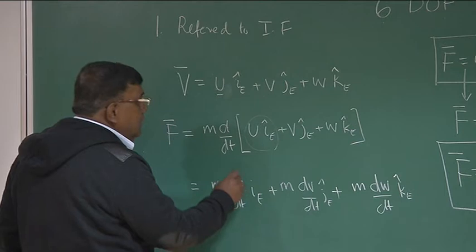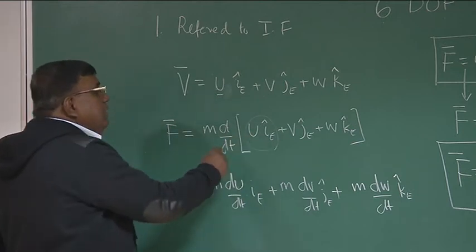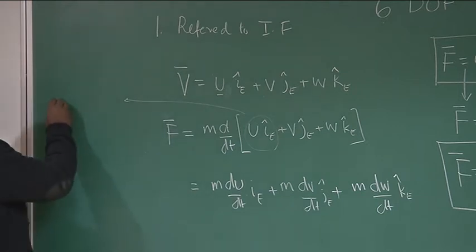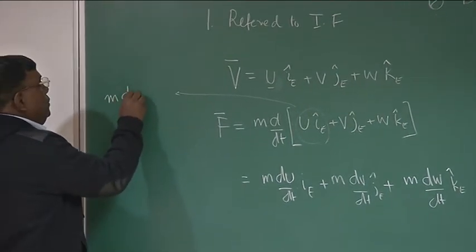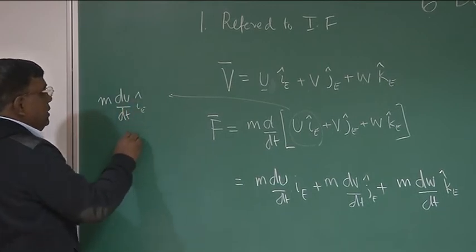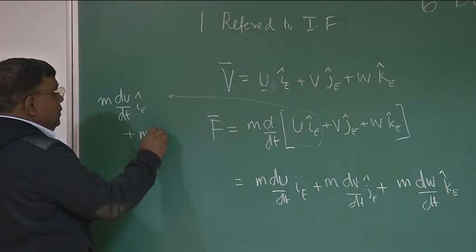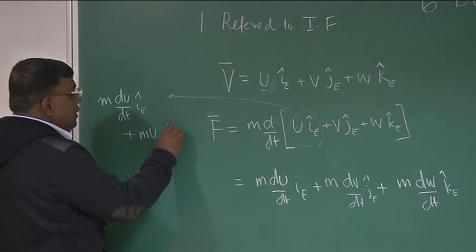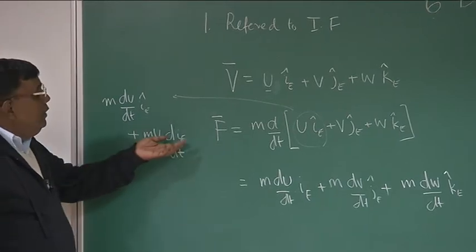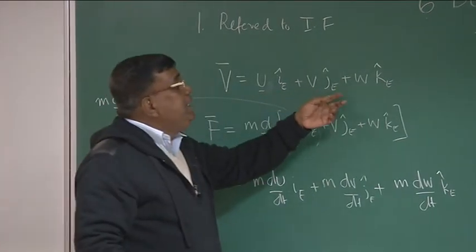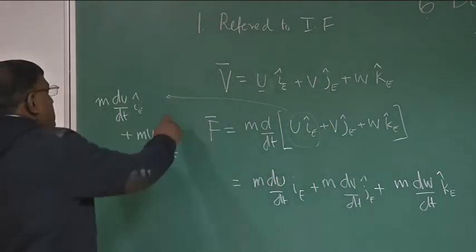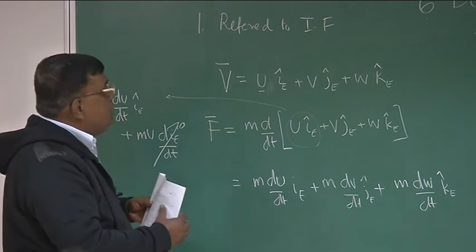If I expand this, it should be m du by dt iE plus m u diE by dt. But I know it is an inertial frame of reference, so iE, jE, kE are fixed. They are not changing direction, so this is 0. So I have not put those terms here.